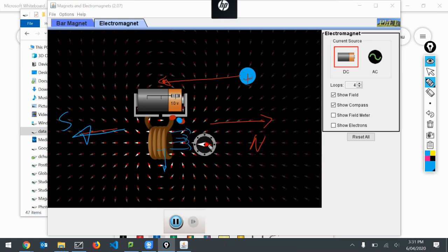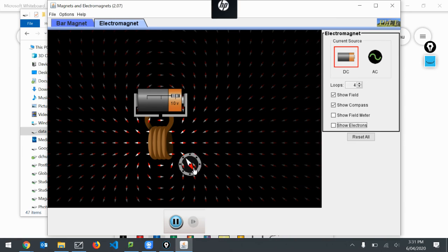Hence, if you put a compass there, your north is pointing in that direction. As I come around, since the field line is not going that way, the north is going to point that way. So this is a basic example of how a magnetic field will work.